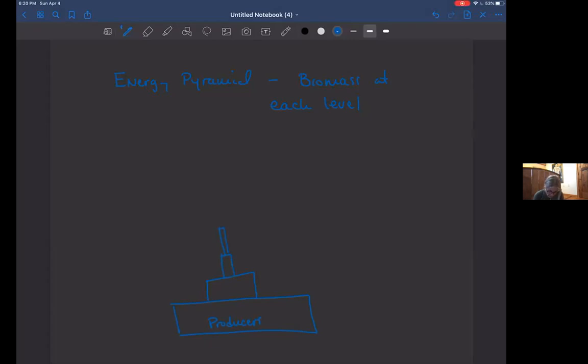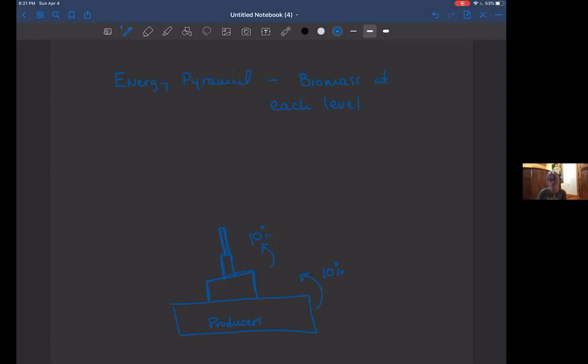So about 10% at each level is actually transferred. If this is like 100, this would be like 10, this would be like 1, this would be like 0.1, right? Very, very small.